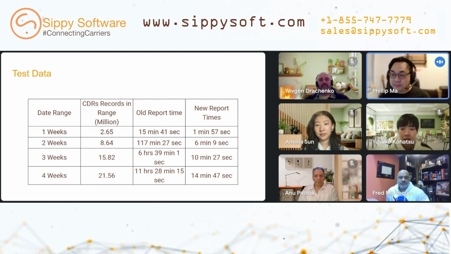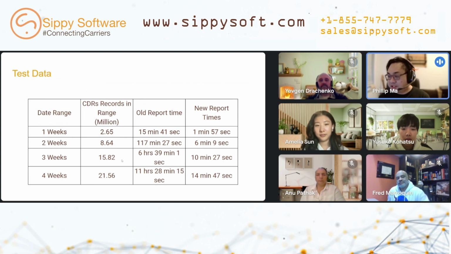So here's a pretty good example of what we had in the past and where we are in the new report. I believe this was based off of our summary reports. And it shows how many records we need to search through. So it's pretty common to have tens of millions of records over a 4-week period.